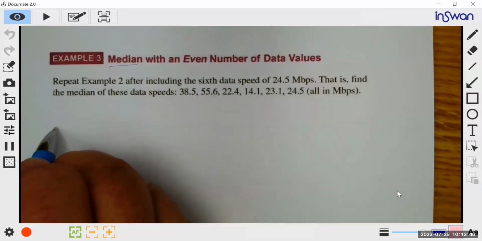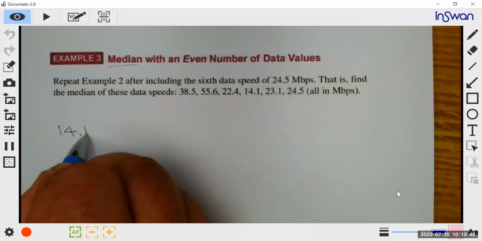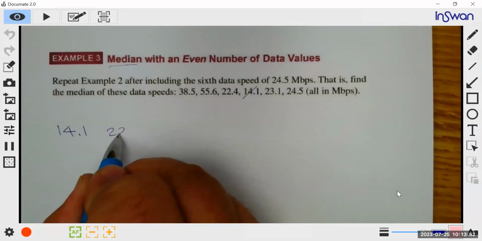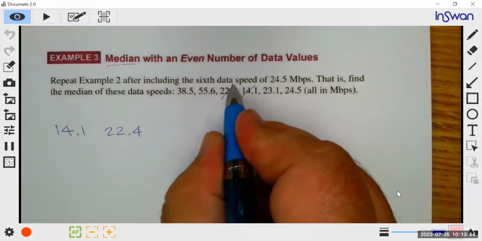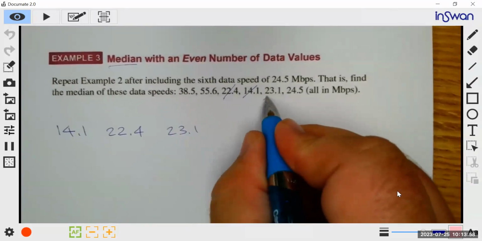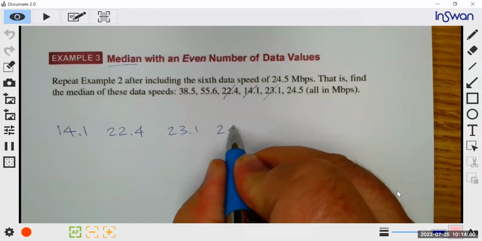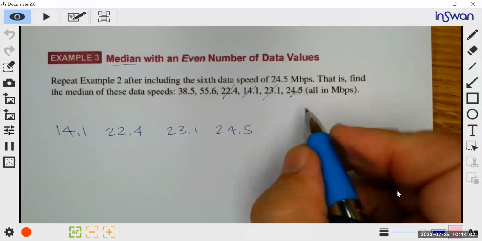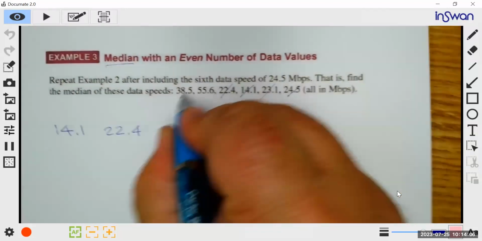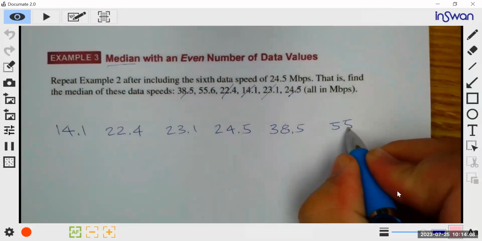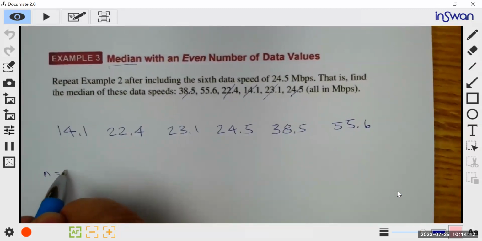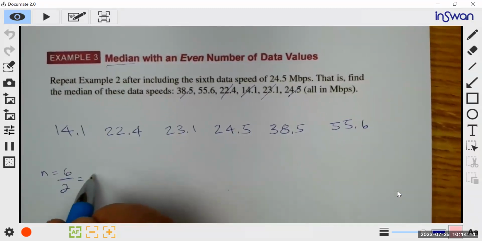So the smallest is 14.1, 22.4, 23.1, 24.5, 38.5, and 55.6. We have n equals 6 divided by 2 equals 3.